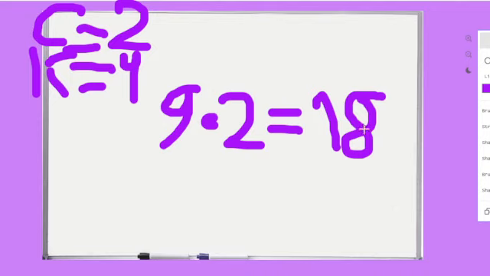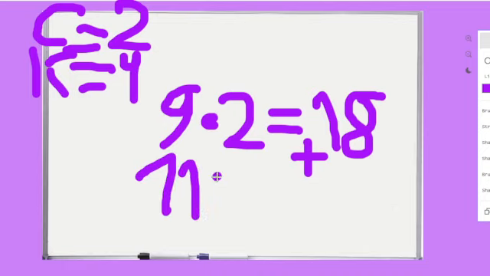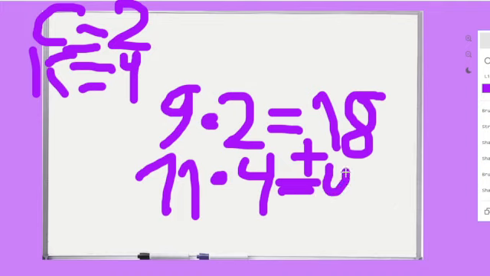So there's 18 legs from chickens, and the cows have 4 legs, and K equals 4, so there's 11 cows times 4 legs, and that equals 44.